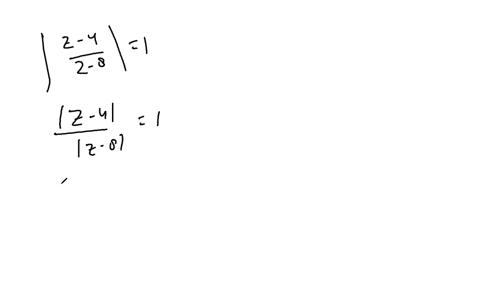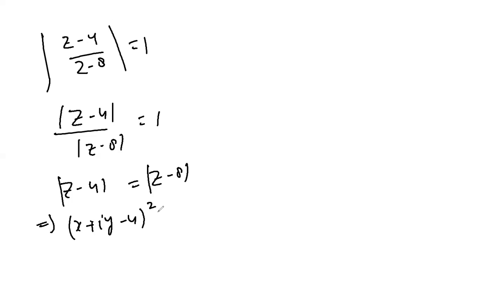So you multiply it and that will give you modulus of z minus 4 equals modulus of z minus 8, and from here you can say that the modulus of x plus iota y minus 4 is equal to the modulus of x plus iota y minus 8.